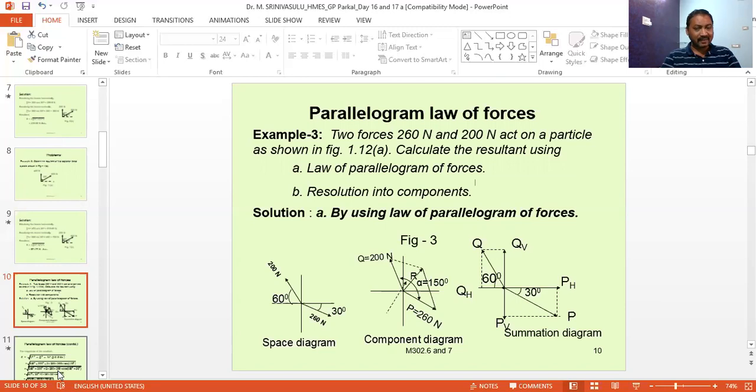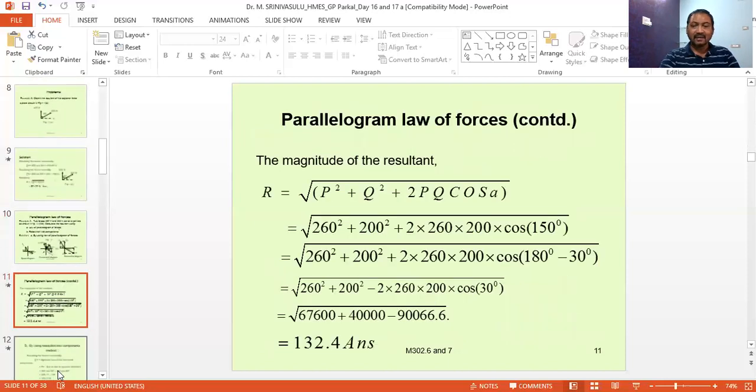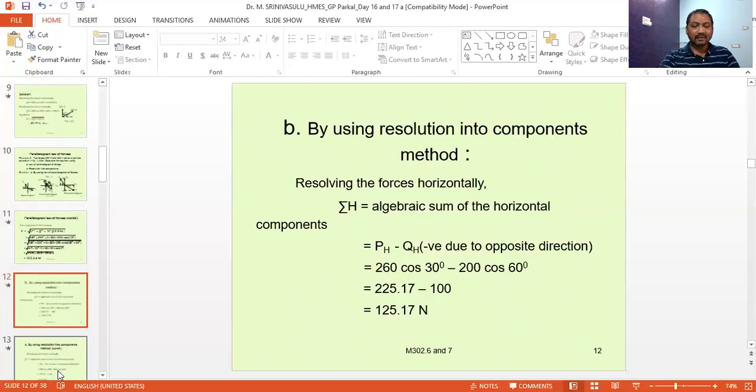So they may mention the angles made by the forces with the y-axis. But we have to convert those angles to the x-axis. So all the angles must be only with the x-axis, and then only we have to substitute that angle value in the equation, and we will get the correct answer. So always we should consider the angle only from the x-axis.